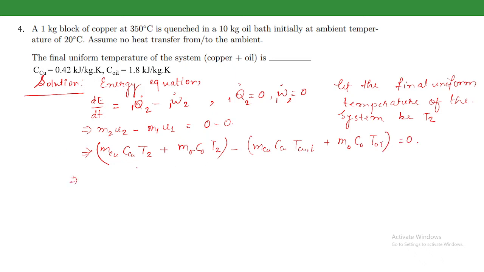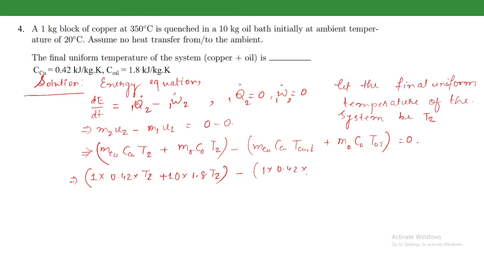So we can combine and write it, or we can just keep it separately also. So what is the mass of copper? 1 kg. C for copper 0.42. T2 we have to determine. Mass of oil is 10 kg. C for oil is 1.8 and T2 we have to determine again. And this one is 1 multiplied by 0.42.